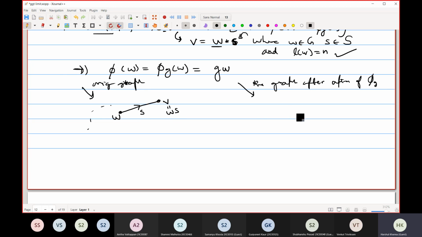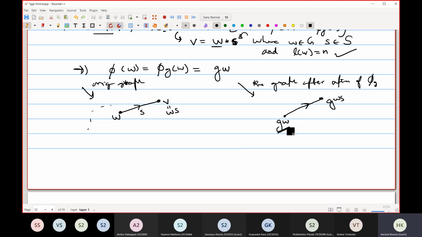What happens here? There exists an edge between GW and GWS, by the definition of the Cayley graph.